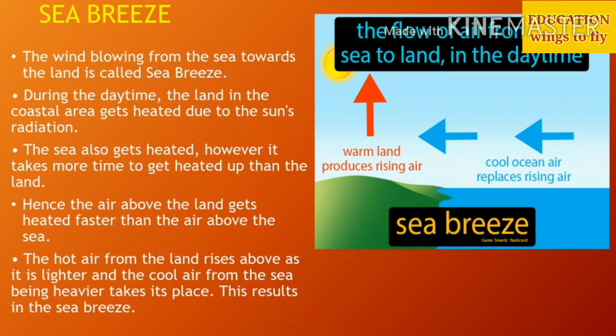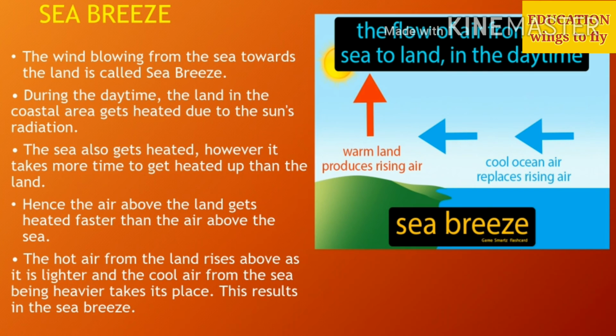Sea breeze. The wind blowing from the sea towards the land is called sea breeze. During the daytime, the land in the coastal area gets heated due to the sun's radiation. The sea also gets heated, however, it takes more time to heat up than the land.